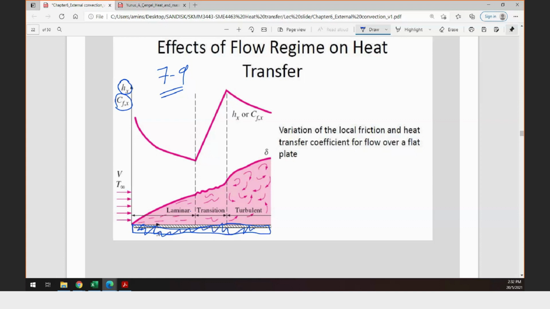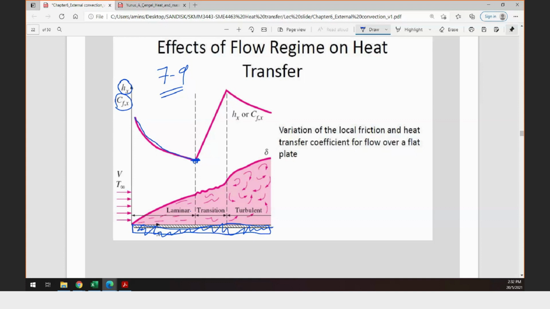Once the flow is facing the first edge of the plate, it starts with a slightly higher value and then reduces gradually, until it becomes minimum, at which the laminar starts to transform to the transition.